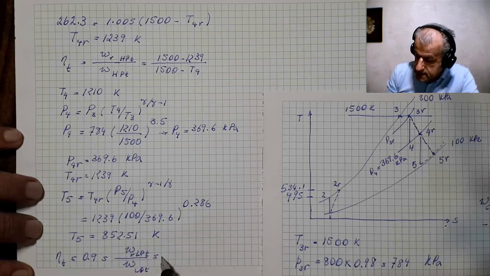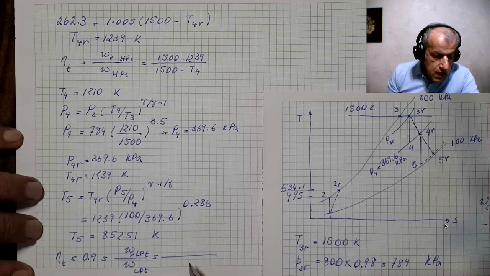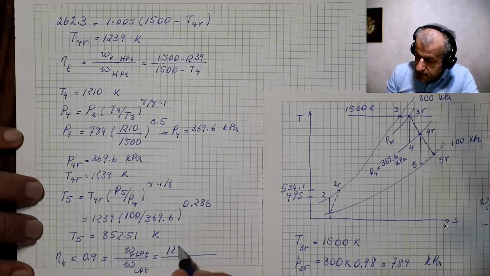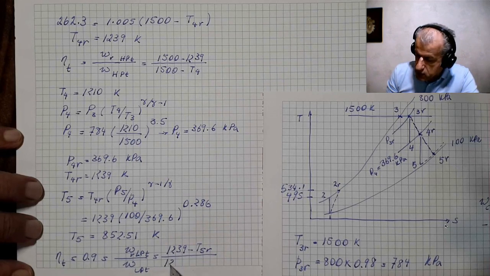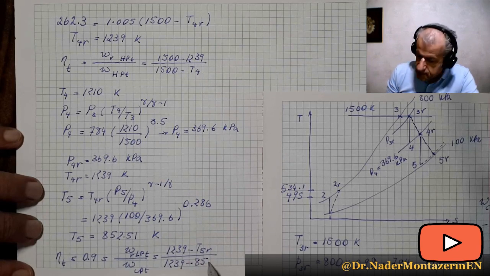Canceling CP0 like before, we have 1239 minus T5R divided by 1239 minus 852.51.